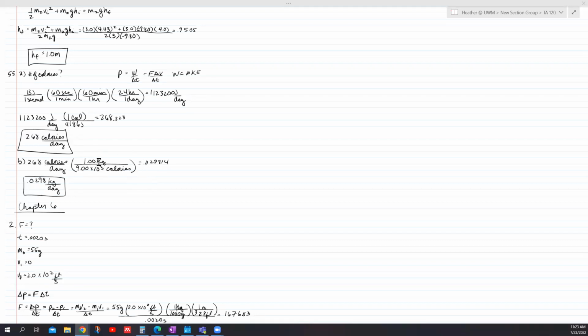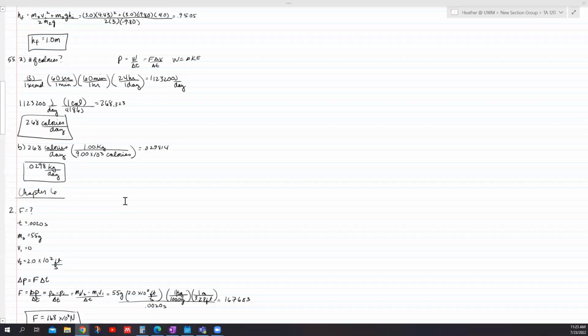We know that 1 kilogram over 9.00 times 10 to the 3 calories is going to give us that. So we put in what we know, do a little math, we come up with 0.029814, or 0.0298 kilograms, or 2.98 times 10 to the negative 2 kilograms per day.